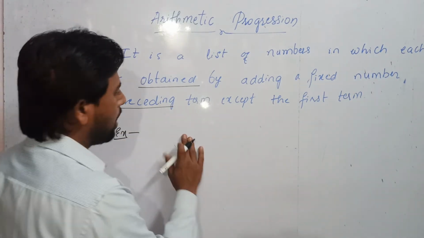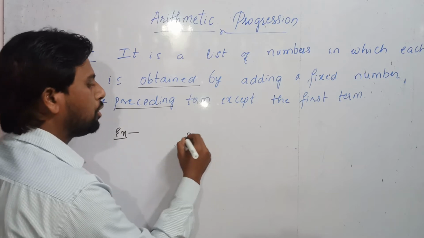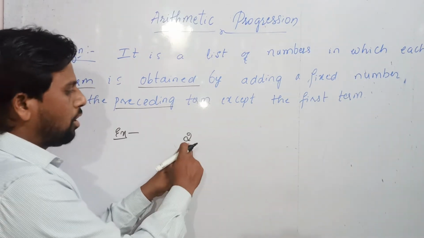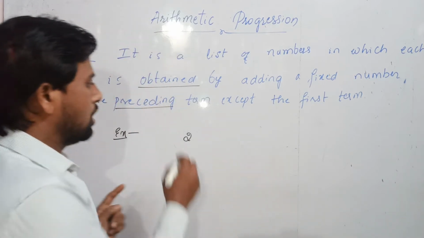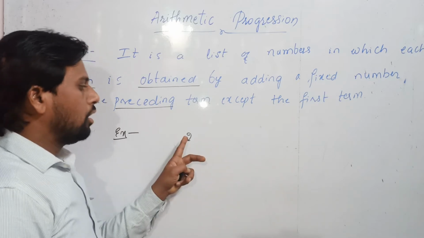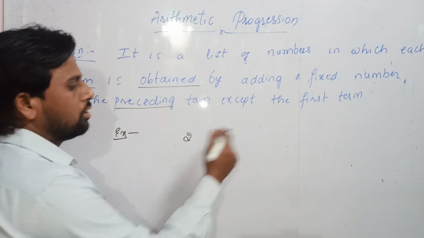For example, I will take one number, say 2. If I want to get the next number after 2, I have to add one fixed number to this preceding term. Preceding means what, students? The number which is previous, before the next number.